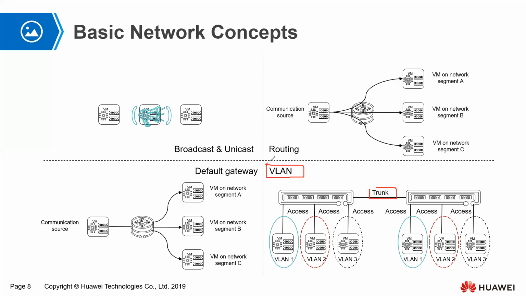Therefore, broadcast packets can only be propagated within the same VLAN, but not across VLANs. Just like if you have a network such as 192.168.1.2, and you have another one on a different subnet, all these could even be zeros.